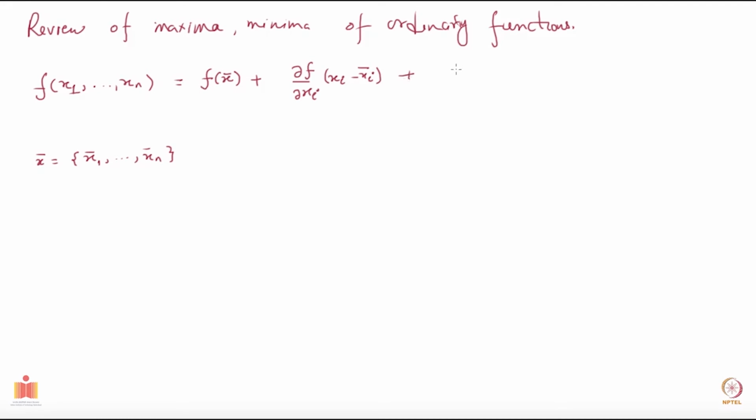Then you get second order terms, del 2 f over del xi del xj, xi minus xi bar, and then you have xj minus xj bar. Okay, plus higher order terms.